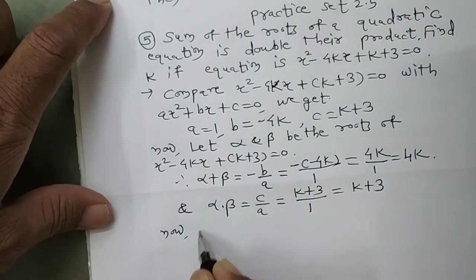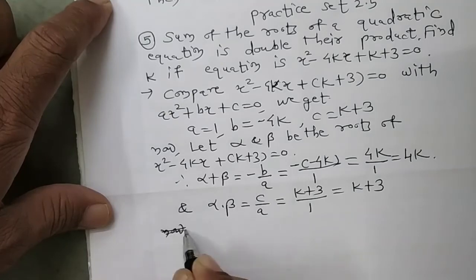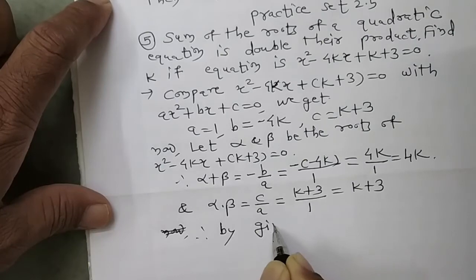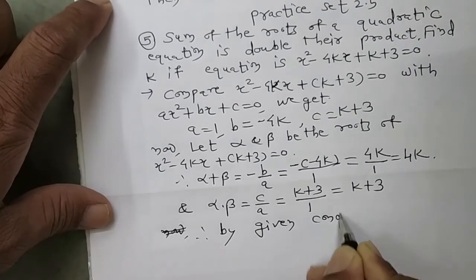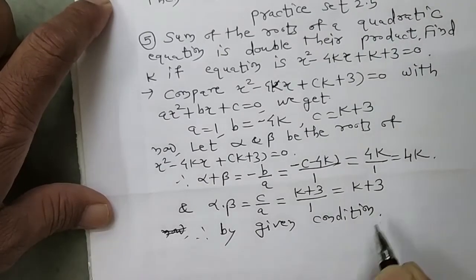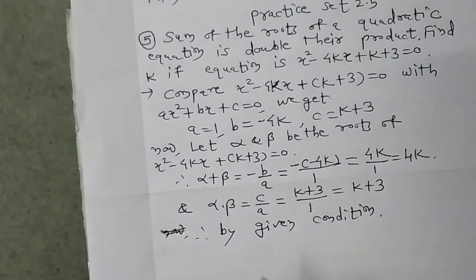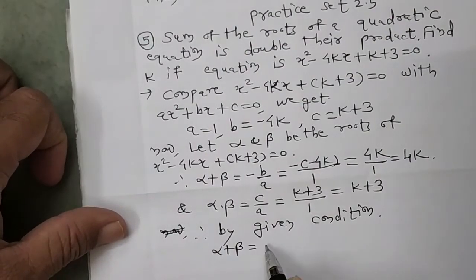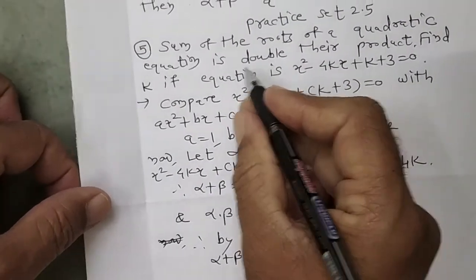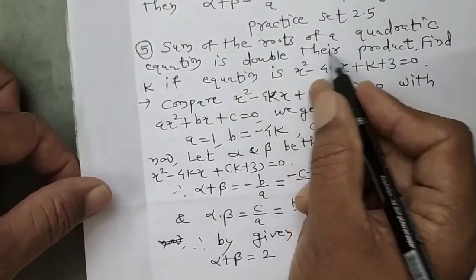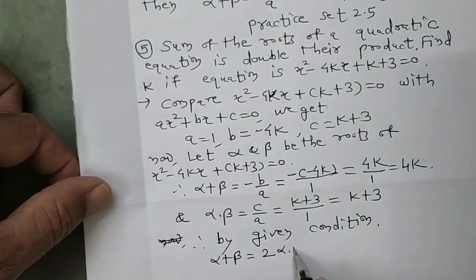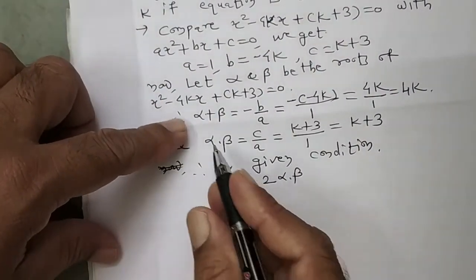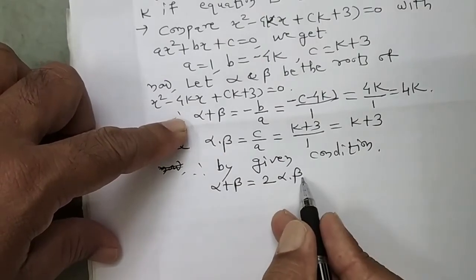Therefore by the given condition, the sum of the roots, alpha plus beta, is equal to twice, double their product, that is alpha into beta. Now in this equation, put the values of alpha plus beta and alpha into beta.